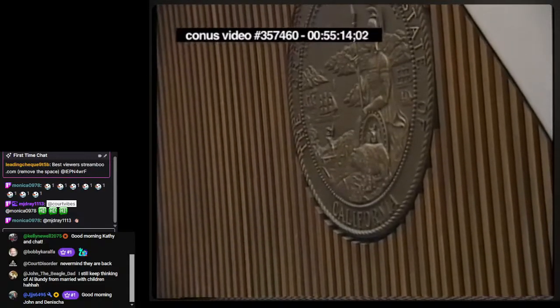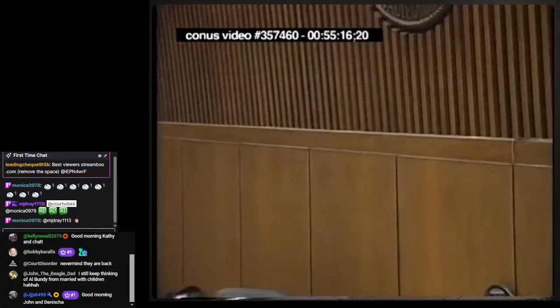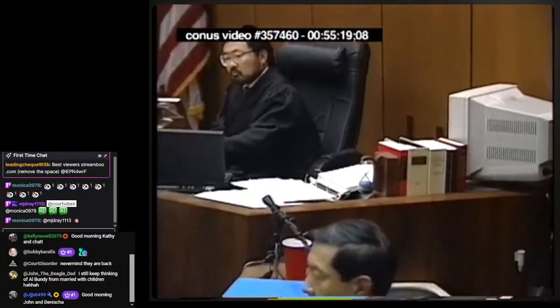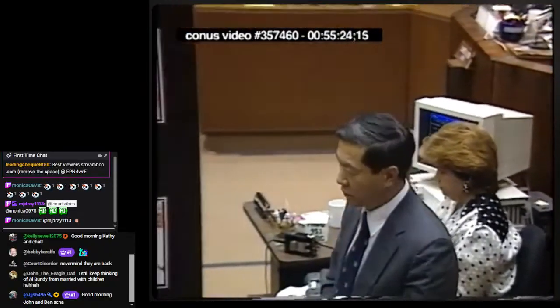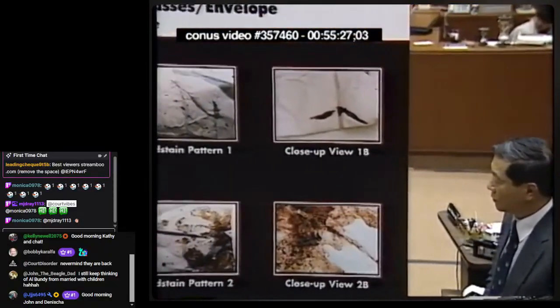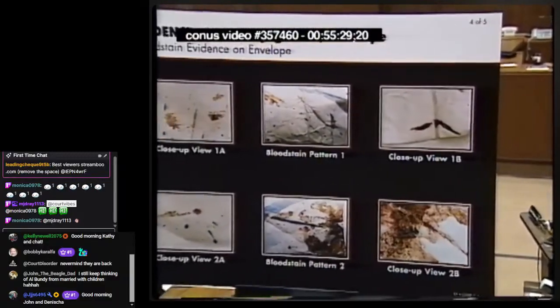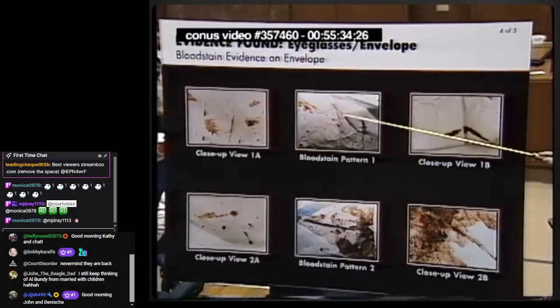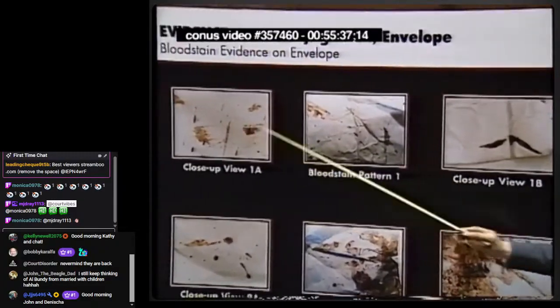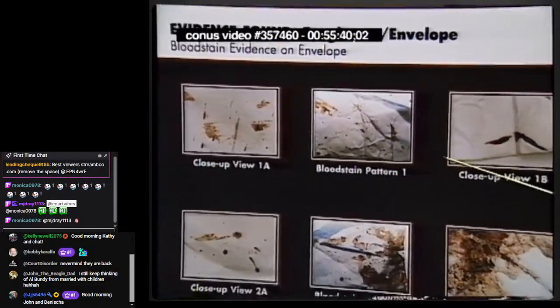Exhibit 13.46, entitled Evidence Found, Eyeglasses Envelope, Bloodstain Evidence on Envelope. Dr. Lee, could you please describe for us the bloodstain patterns depicted on this board? This board consists of, again, 6 individual photographs.